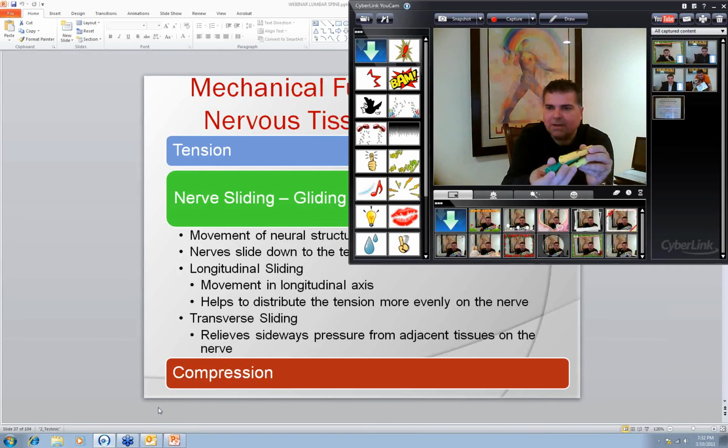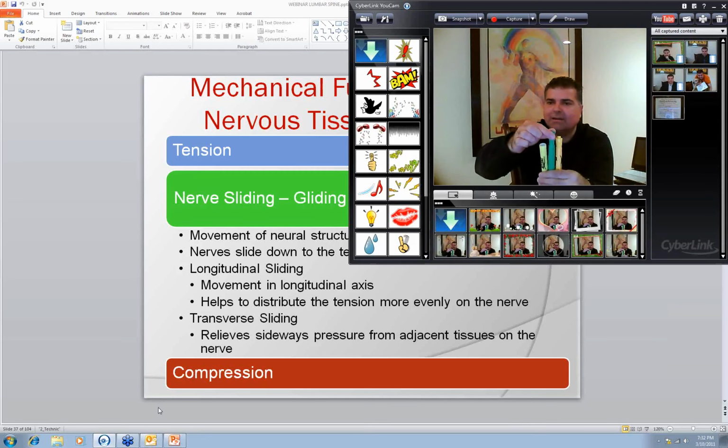The median nerve movement relative to the rest of the tissue can happen in two ways. Number one, the median nerve can slide up and down, but also it can glide. If pressure is applied in a specific direction of the carpal canal, then the median nerve can glide and change position in order to accommodate that pressure.